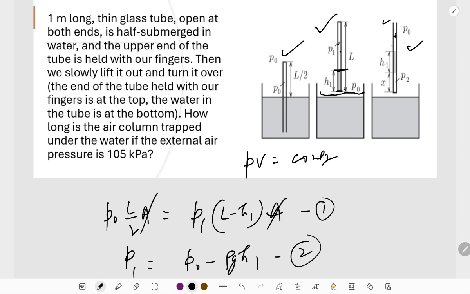So the volume will change, because according to Boyle's law, if pressure changes, volume will change. Some air is being trapped here. I assume the length is x, and the height of the water column is of course h.